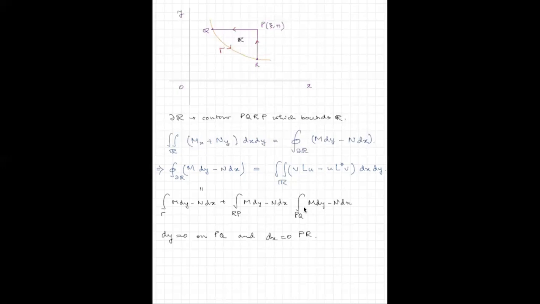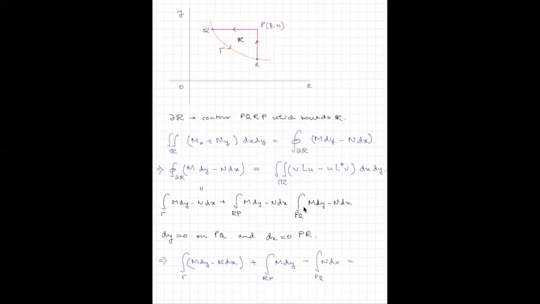That means we get the integral over gamma of m dy minus n dx, the whole thing, plus on the RP segment, dx is equal to 0, so this is just m dy, and on the other segment, dy is equal to 0, so this is n dx on PQ.